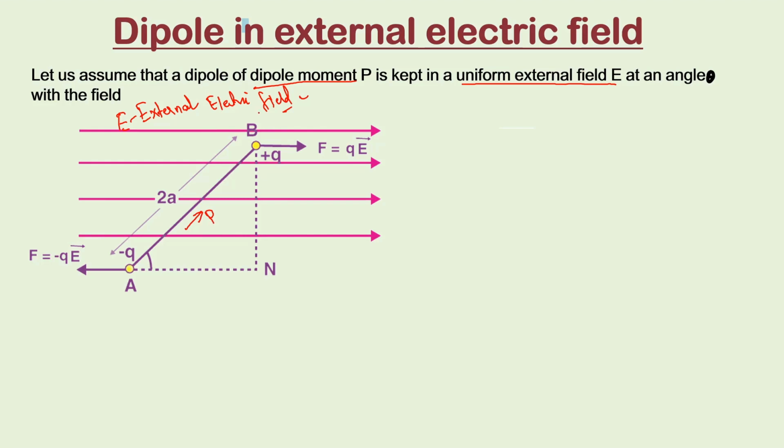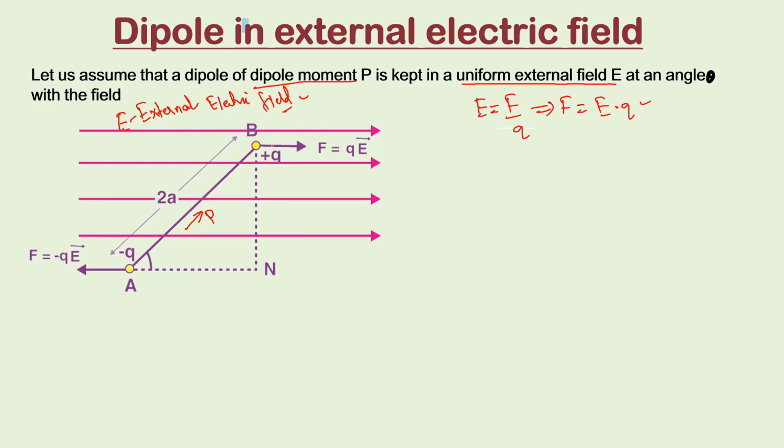Now as we know, whenever any charge is placed in the electric field, a force acts on it. Like we have seen, electric field is force upon test charge, so force is equal to electric field into Q. So the positive charge, when placed in external electric field, experiences a force in the same direction as the electric field.